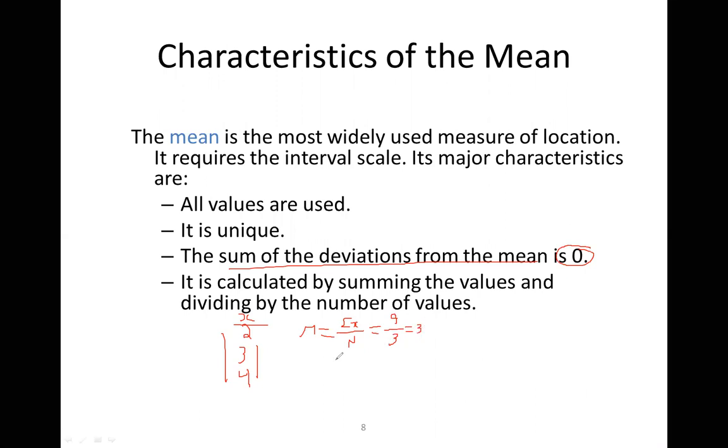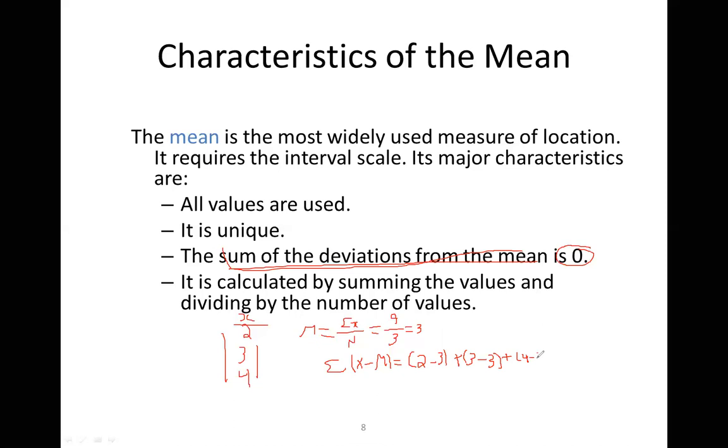Now I need to find sigma X minus mu, the sum of the deviations from the mean. So that equals each value of X subtract the value of the mean. The first value is 2 minus 3, plus the second value 3 minus 3, plus the last value 4 minus 3.